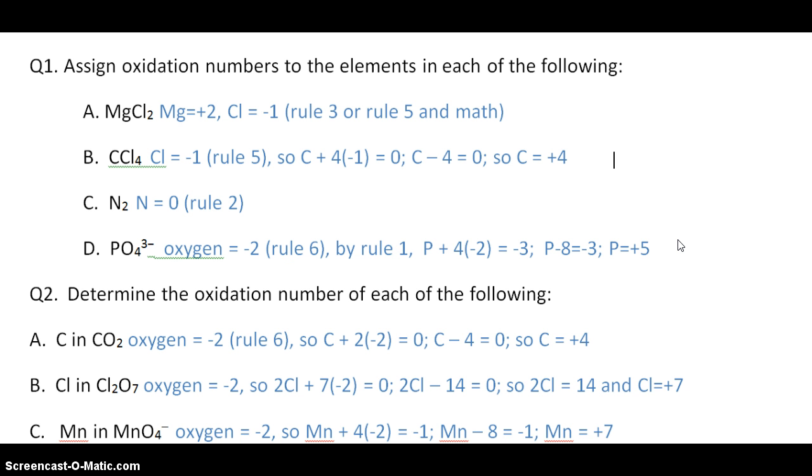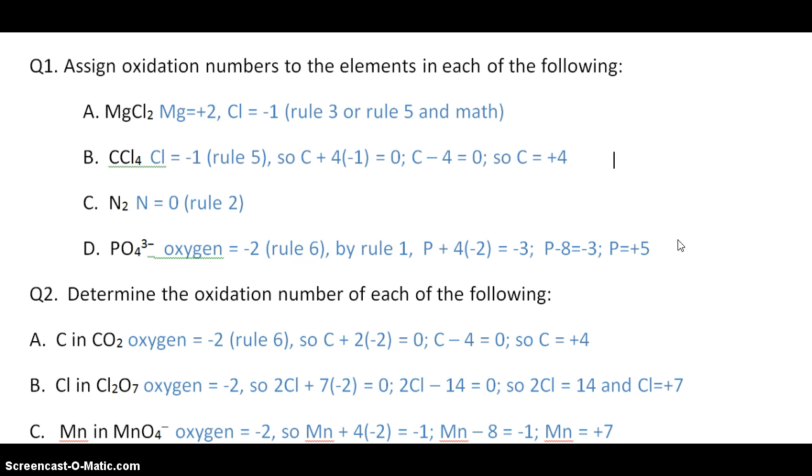Next one, in carbon tetrachloride, we know the oxidation number of chlorine because we have a rule for it, rule 5, but we don't know one for carbon. By rule 5, chlorine has an oxidation number of -1, so we have to do a little math.